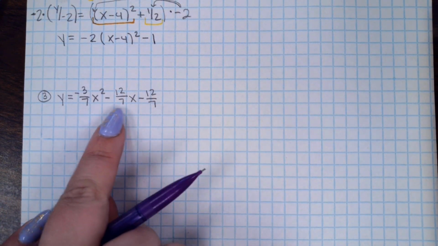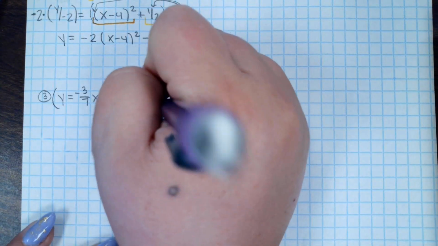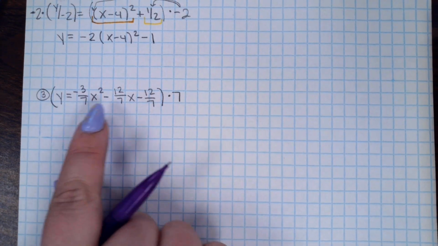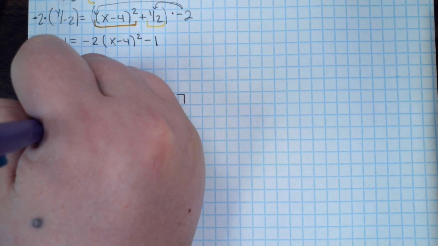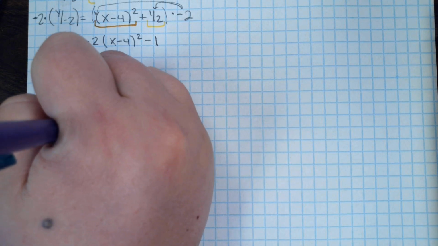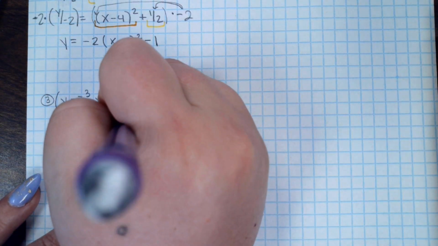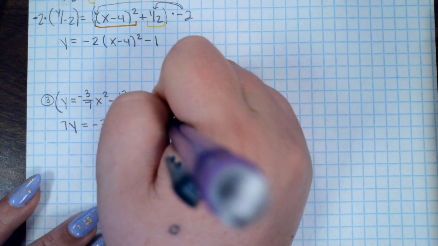Luckily, we have common denominators. So what I can do is multiply this whole equation by 7, because that will get rid of our fractions. We'll just be left with the numerators. So that'll be 7y equals negative 3x squared minus 12x minus 12.